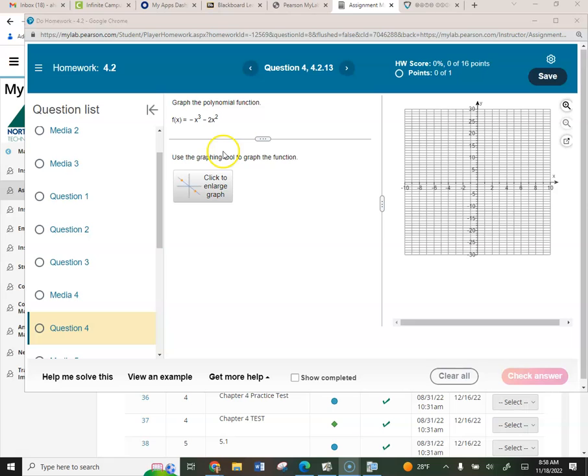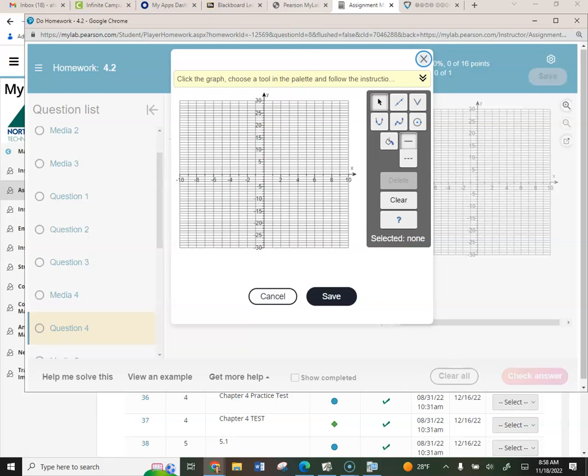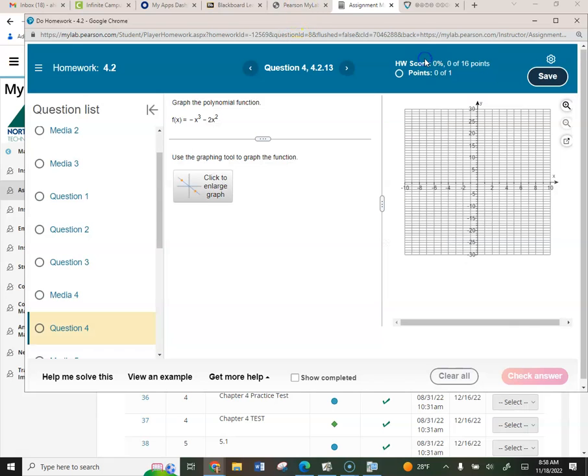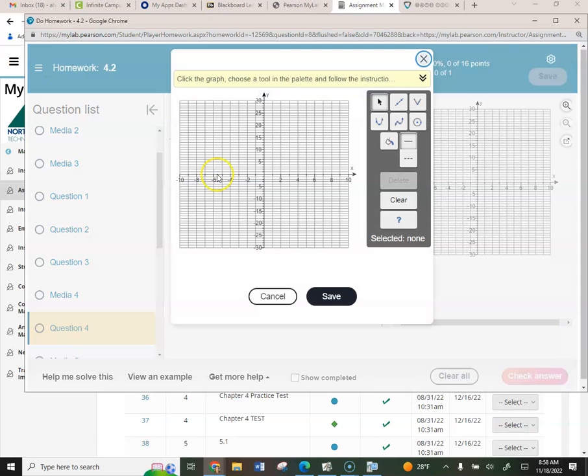It says, graph this polynomial function, and then it says, use the graphing tool. What type of mother function is this? What's the leading term? It's a cube. So you'd go over here and click the button to say, okay, I'm about to graph a cubic.